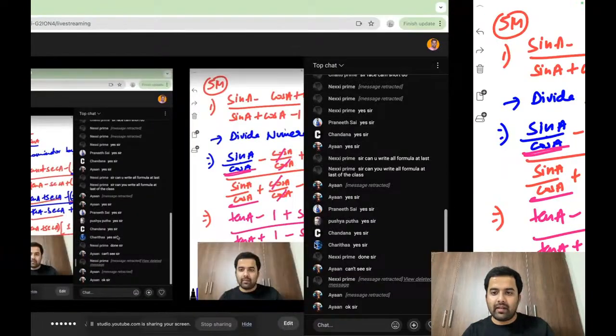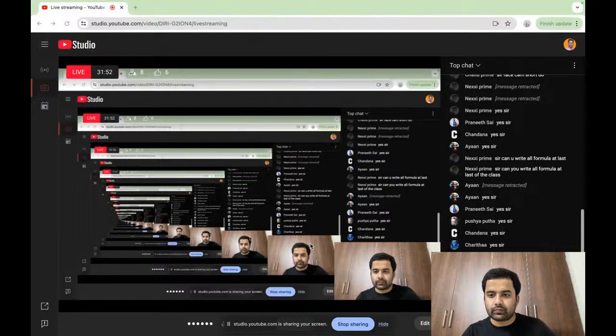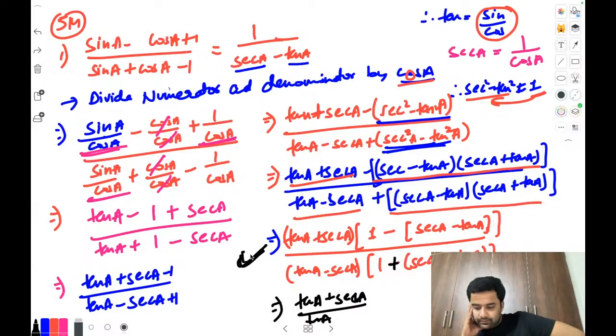Anybody is copying this? Because I have to erase that part. If anybody is copying, I will wait for some time. Just copy this now, at least till this step.